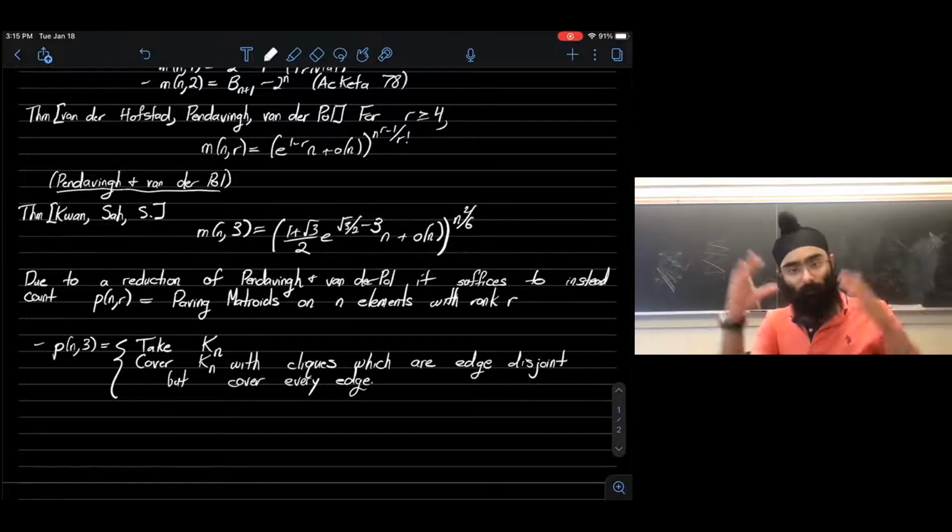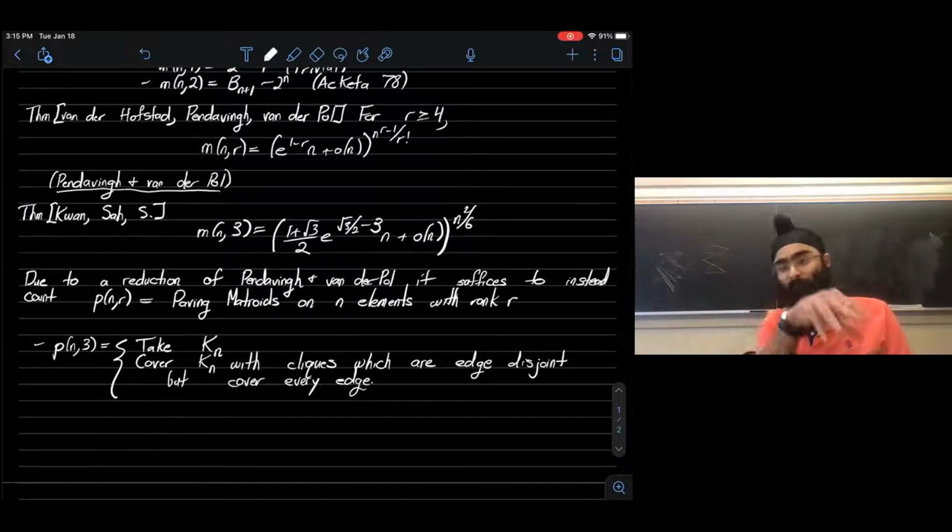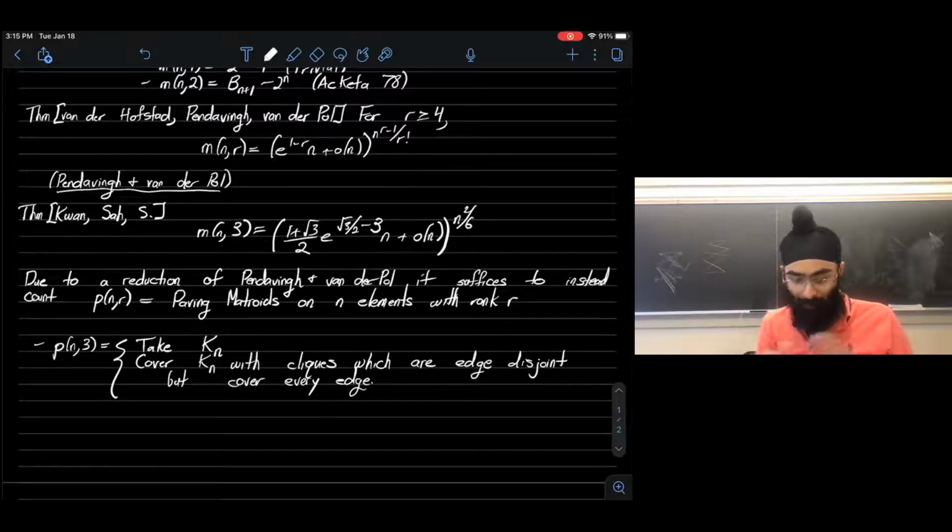So all you're doing is taking the complete graph and dividing it into smaller cliques so that you cover all the edges. At this point there are no matroids. This is really just a pure enumeration problem. And the question is, how can you enumerate this?